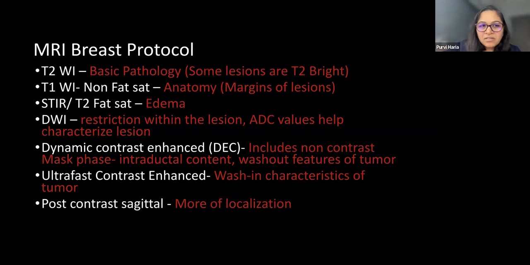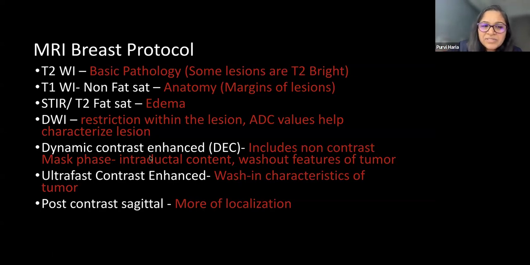You see a lot of fluid on STIR images, so edema is better seen on this sequence. Diffusion shows how much diffusion restriction happens in each lesion. There are ways to use this amount of diffusion happening in different lesions, and we can characterize lesions based on diffusion, the ADC values.